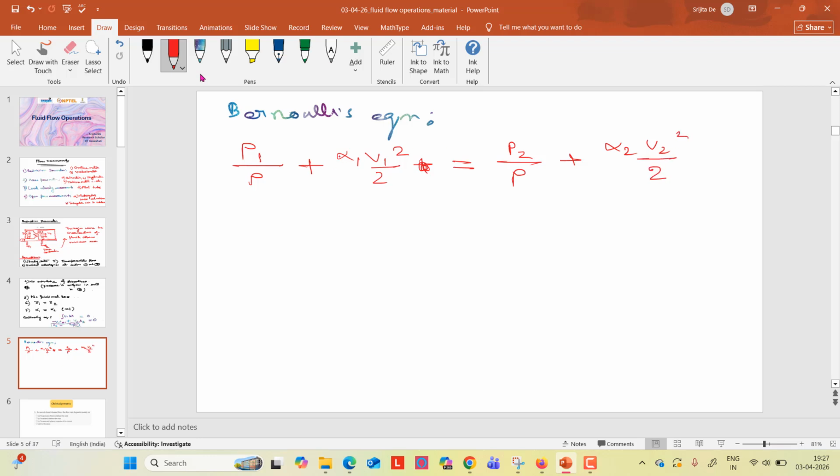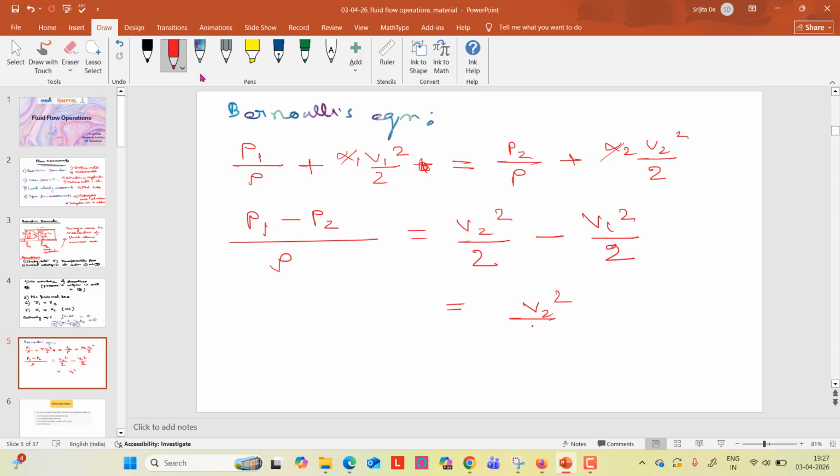We already know that alpha 1 and alpha 2 are considered 1, so we are not writing them. Now P1 minus P2 by rho is equal to V2 square by 2 minus V1 square by 2, right? If you take common V2 square by 2, it will be 1 minus V1 square by V2 square, right?